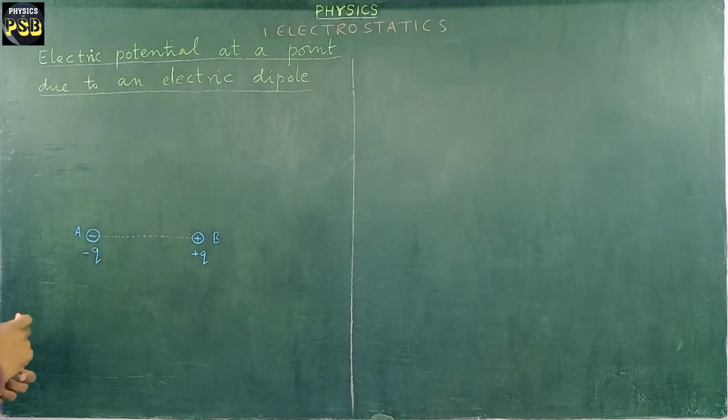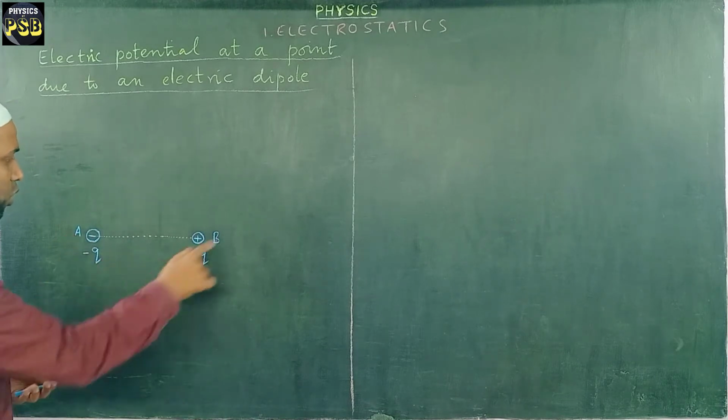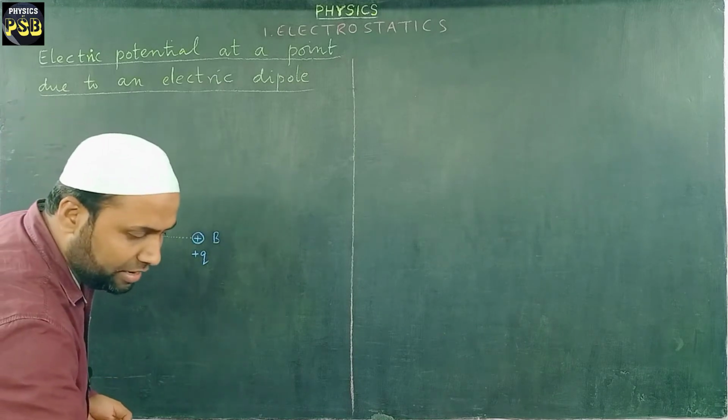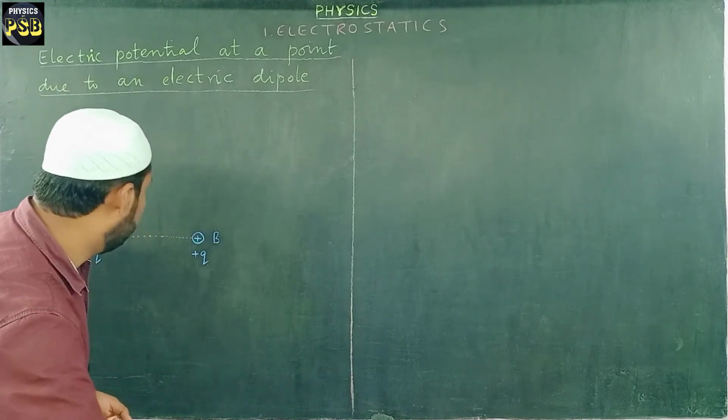The distance between them is 2b. Now as a whole, this arrangement constitutes an electric dipole.